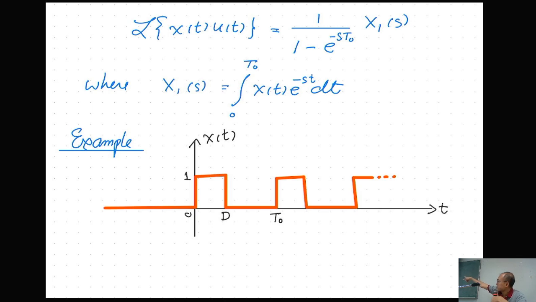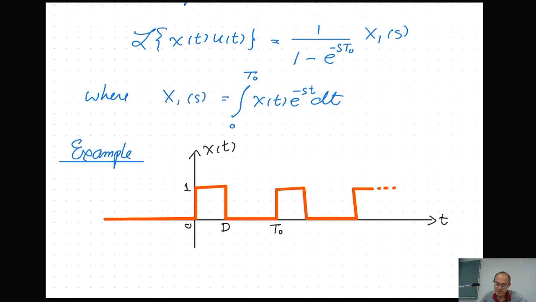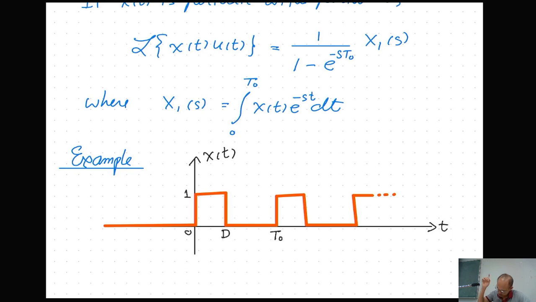The first thing to notice is that we multiply it by u to indicate that the signal starts at time 0. We're only interested in the signal that starts at time 0, so in this case it fits perfectly. We could drop the u here.